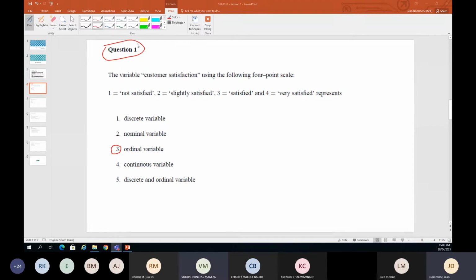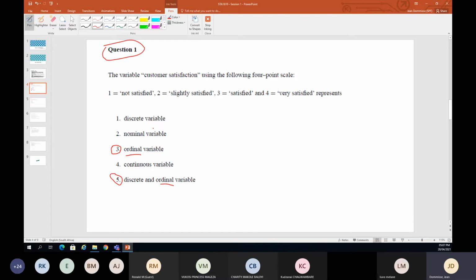How I would also do this is to say, okay, not satisfied, slightly satisfied, very satisfied. So it goes from not satisfied to very satisfied. So there is a rank in this, there's order in this. So the options that it can be are option 3 or option 5, as that is also ordinal. So it won't be one of the other ones.